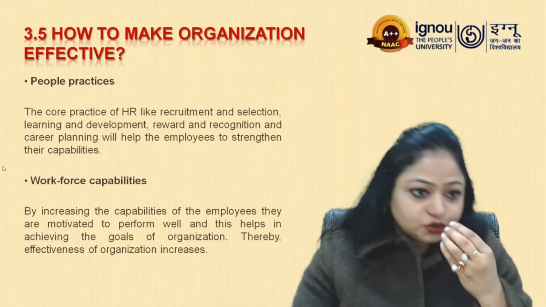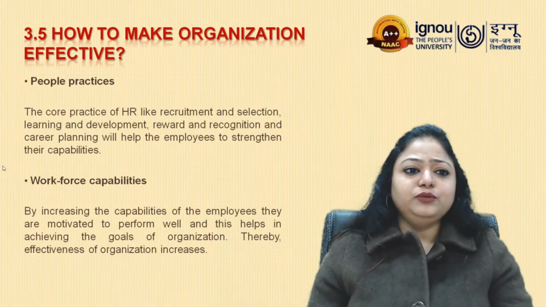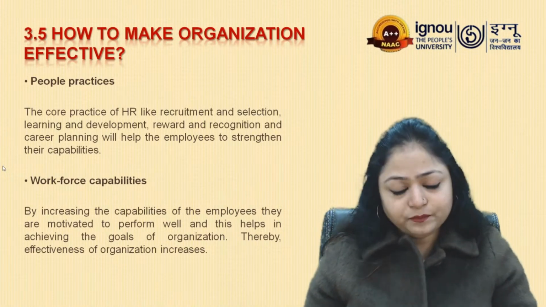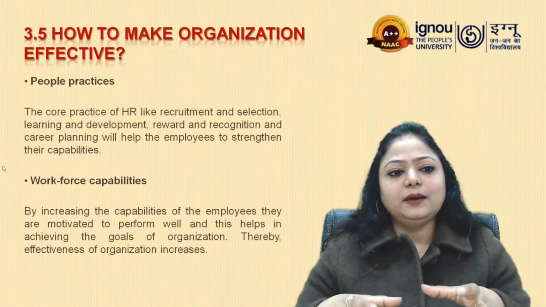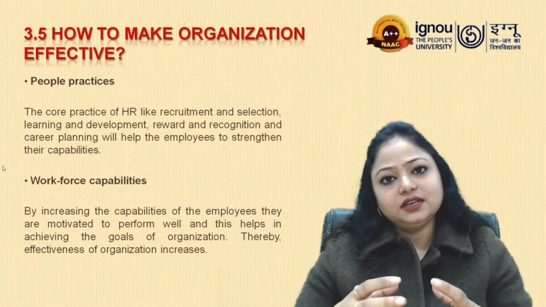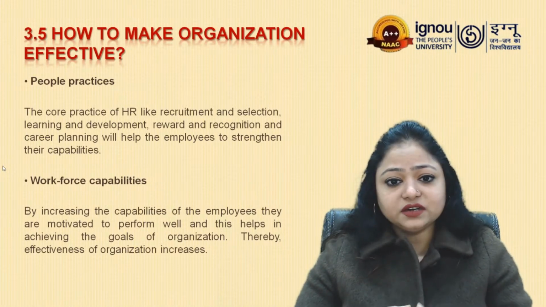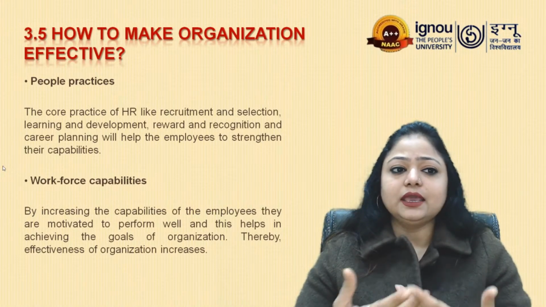Okay. So people practices, the first core one, is how people practices are being done at the organization. Human resource development work functions like recruitment, selection, learning and development, reward and recognition, and career planning will help employees strengthen their capabilities.